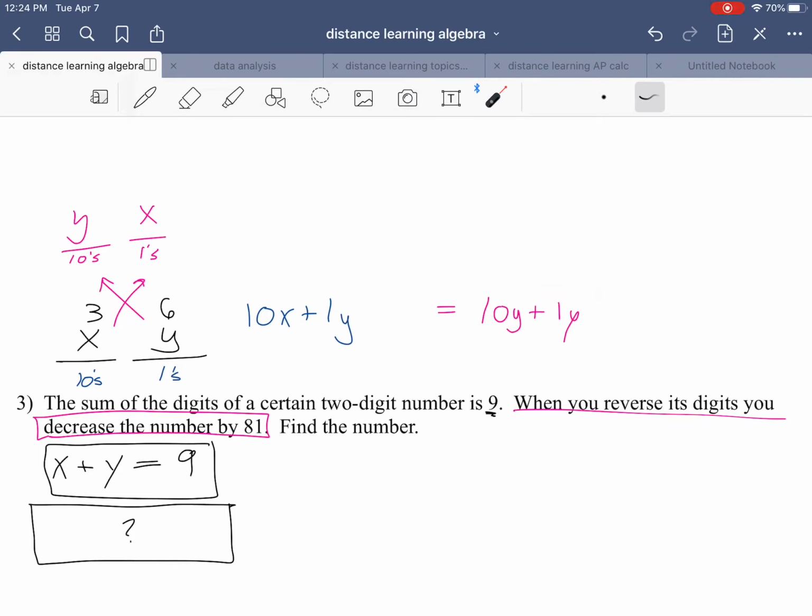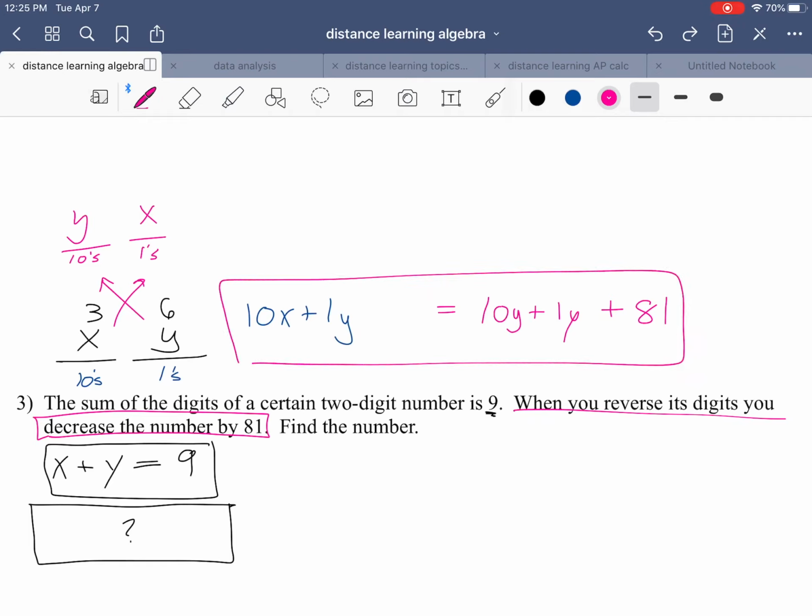They're not equal. When you reverse the digits, you decrease the number by 81. So this number is 81 smaller than this number. So I either have to add 81 here or subtract 81 here. I like adding the 81.